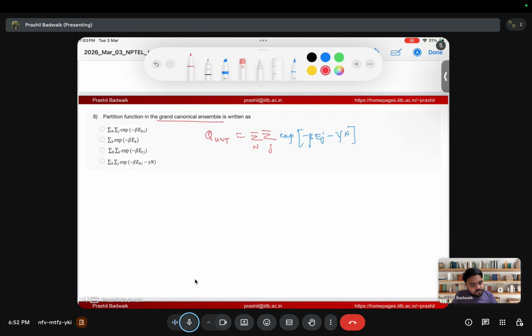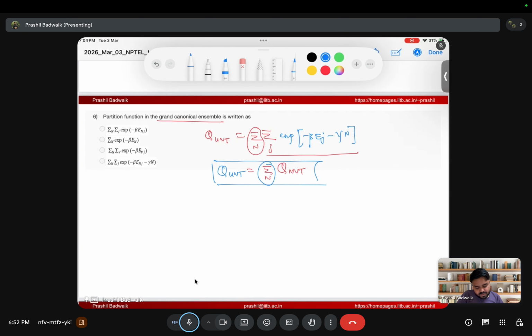So what we are doing is, first we will be keeping value of N constant and we will just sum over that particular N, so that is for a particular NVT ensemble, and then we change the value of N. So this is Q(N,V,T), and then we keep on changing the value of N to get Q(μ,V,T). This is also one of the ways of representation.